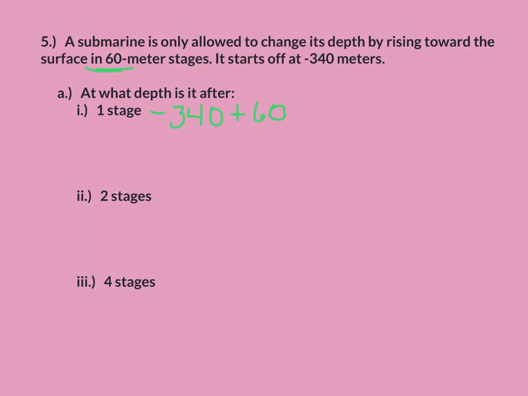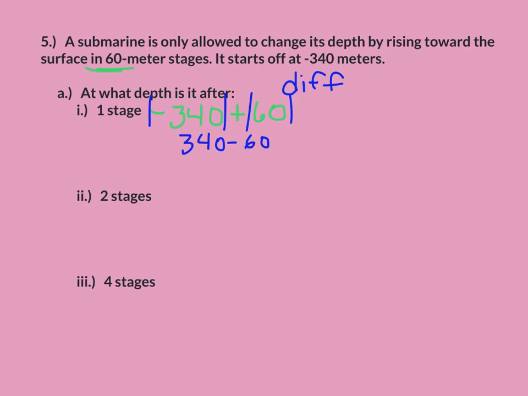If the signs are different, find the difference. Oh, they sure are different. So I find the difference of the absolute values of both of these numbers. How far away is negative 340 from 0? That would be 340. How far away is 60 from 0? That would be 60. I'm going to find their difference, 340 minus 60.